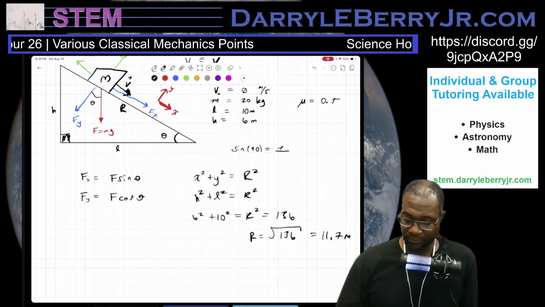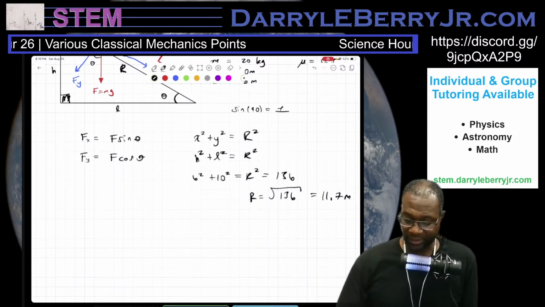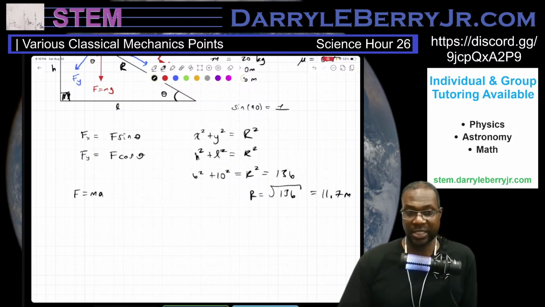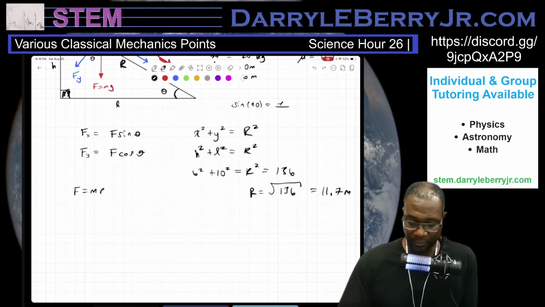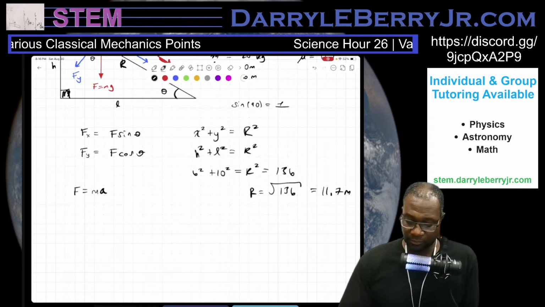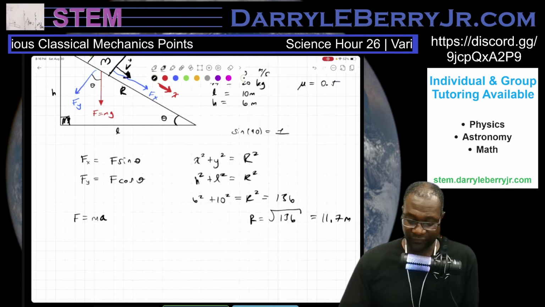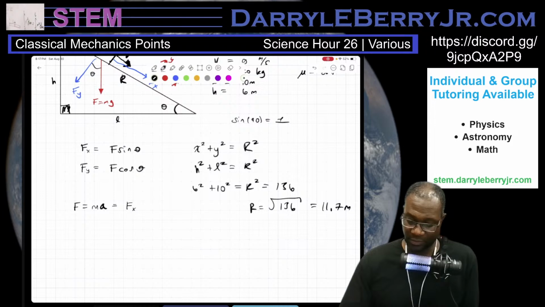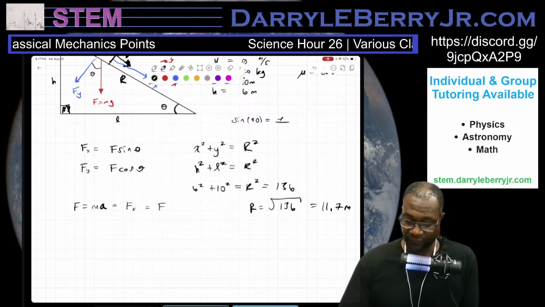So what we can do to get the velocity is to remember that F equals ma, which is Newton's second law. So we have our F. The F that's going to be pushing it down the slope is Fx, which is going to be F sine theta.